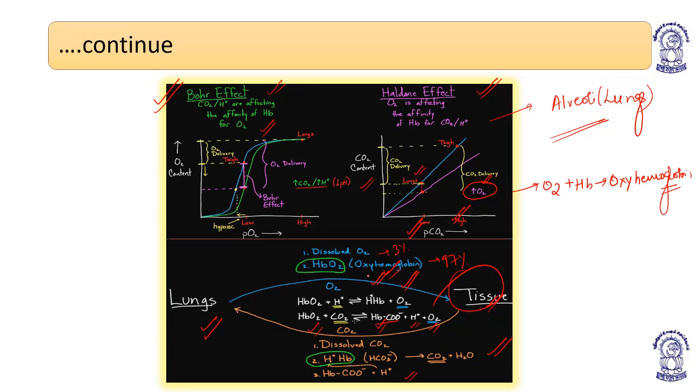So these two reactions, in which reduced hemoglobin or hemoglobinic acid is formed, ultimately increase the production of CO2.